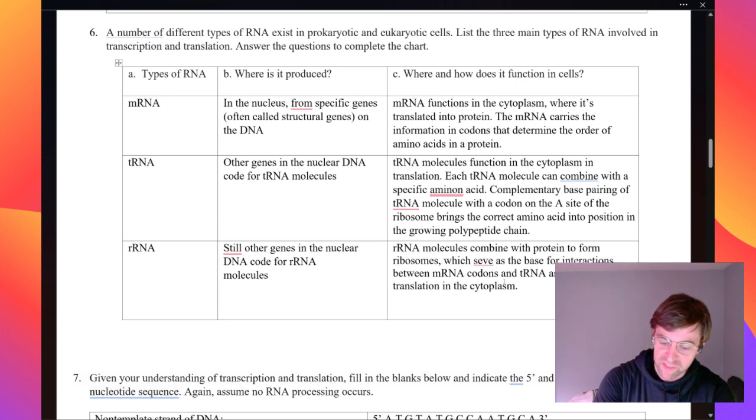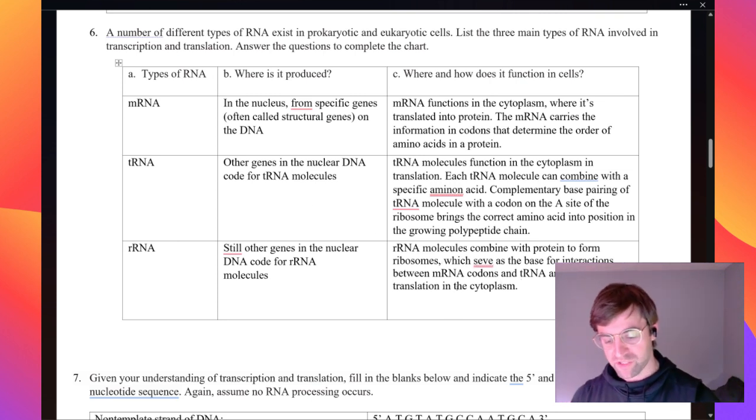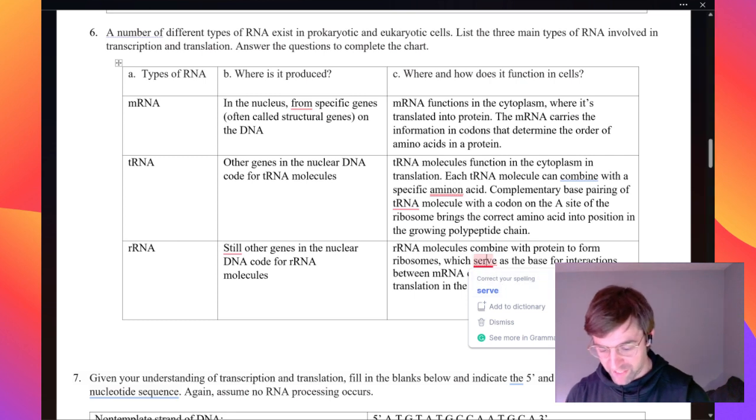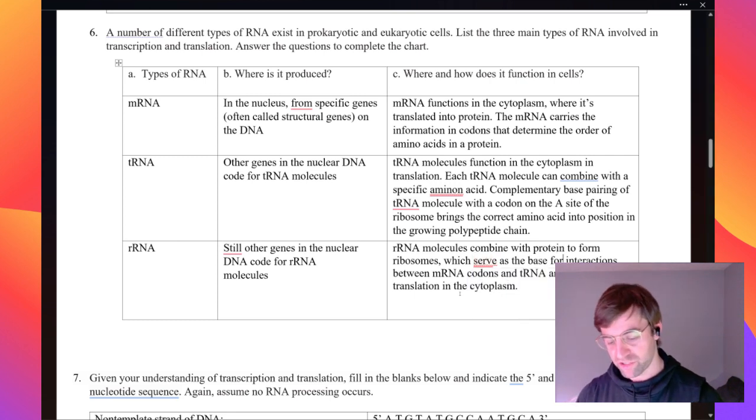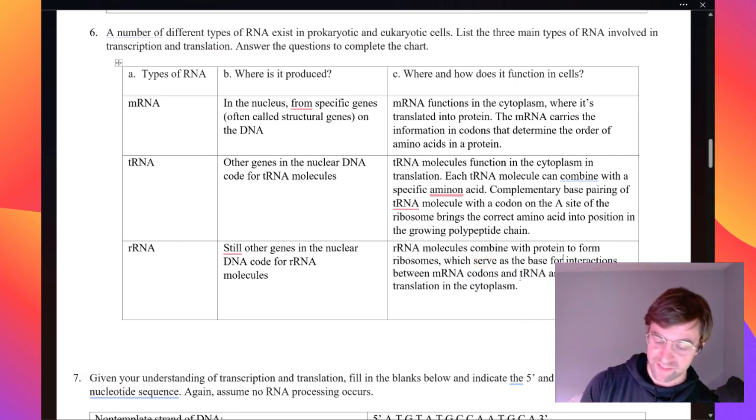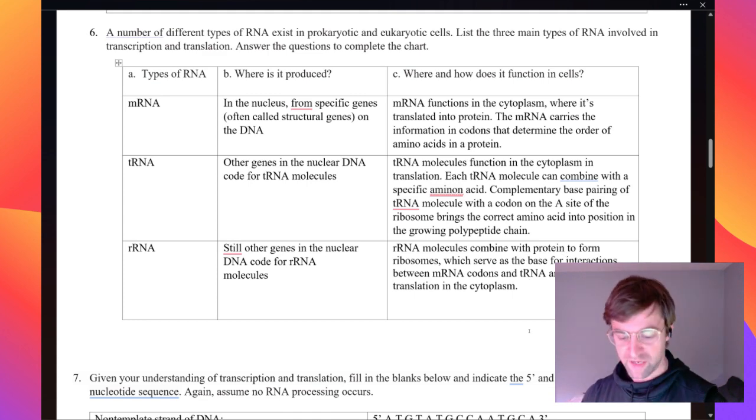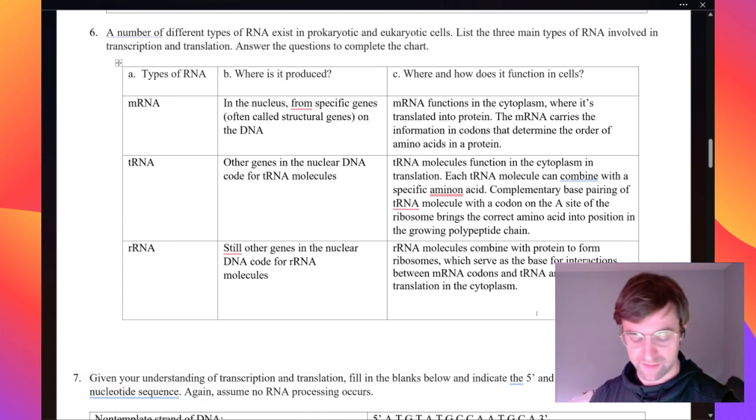Ribosomal RNA molecules combine with protein to form ribosomes, which serve as the base for interactions between messenger RNA codons and tiny RNA anticodons in translation in the cytoplasm.